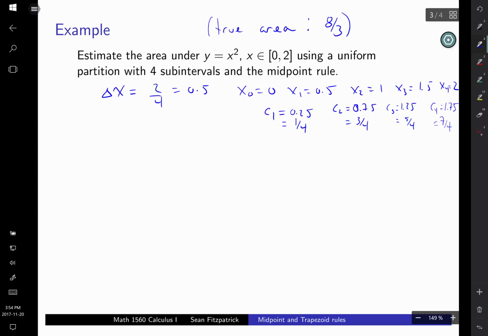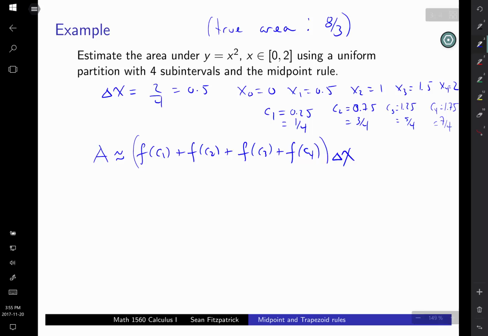So those are our midpoints, and so our area approximation here, what's it going to be? It's f at c1 plus f at c2 plus f at c3 plus f at c4, times delta x. There's our Riemann sum. So what does this come out to be?